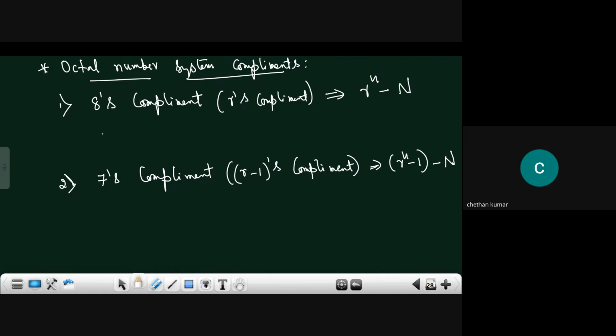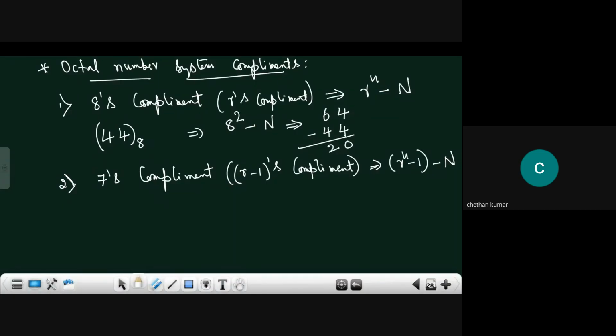Let's say this is my octal number, and I want to find the complement of this number. How many digits? 2 digits. So 8 power 2 minus N. 8 power 2 is 64, minus 44, gives 20. This is the 8's complement of this number.